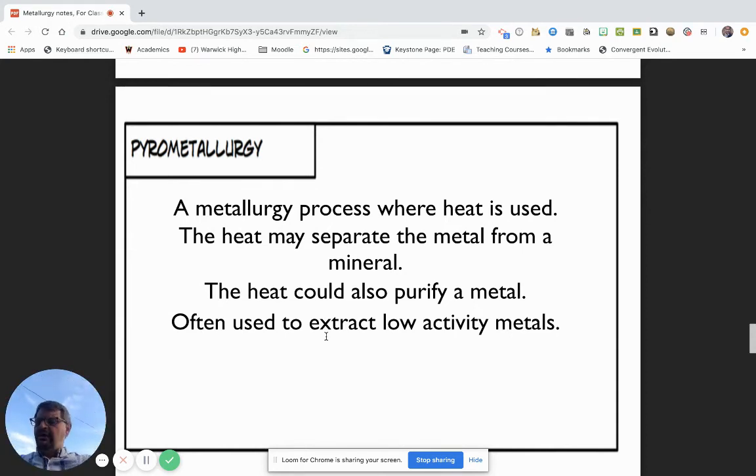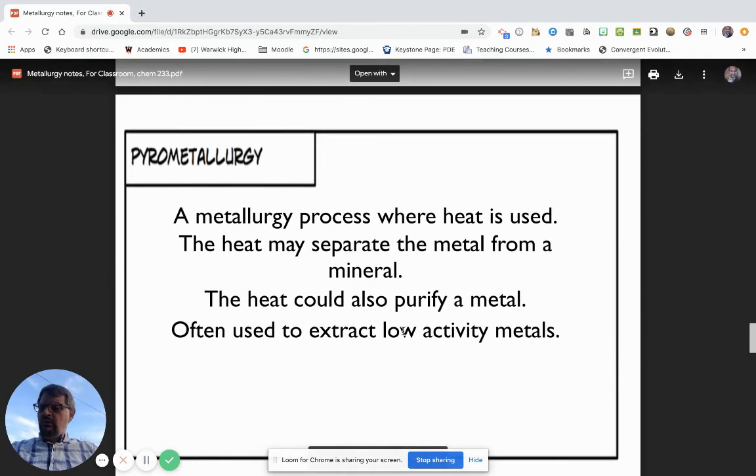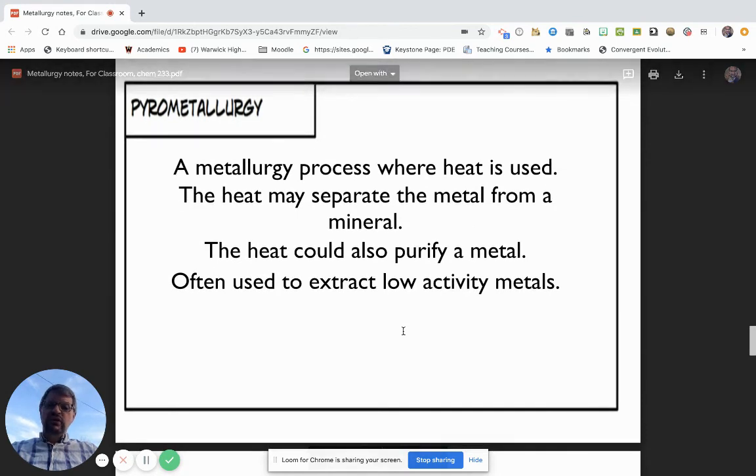Or if you heat a metal, impurities in the metal may separate from the rest of the metal when you liquefy it. So pyrometallurgy, basically, we're using heat and fire to separate metal from a mineral. And all you need is a good source of heat to do this method. This has been used for a long time.